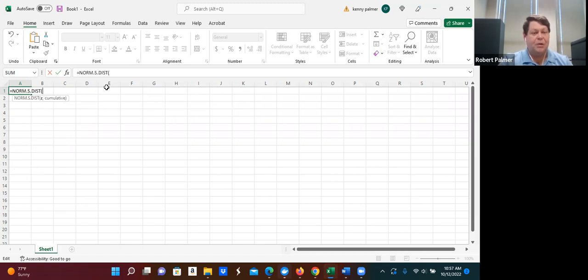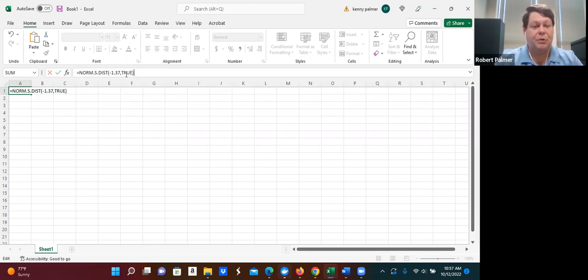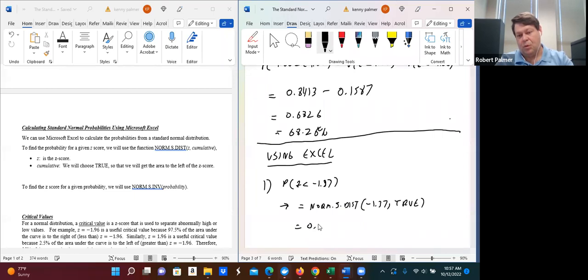Once again, it shows you the Z and the cumulative. For Z, we put -1.37 and then true, because we do want the cumulative distribution. And the value it gives us is 0.085343.